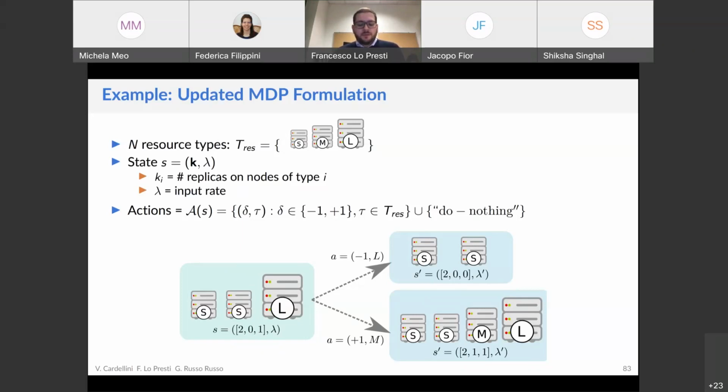We also need to extend the set of actions in the new MDP, because now we still have scale in, scale out, and do nothing actions. But when we decide to add or remove a replica, we also need to specify the type of node where we want to add or remove the replica. So the state space becomes more complex, and so does the action set.